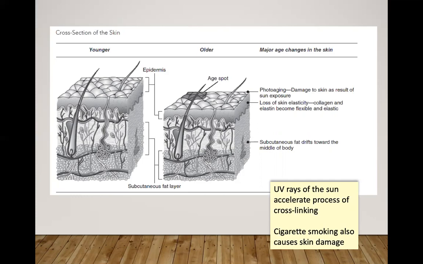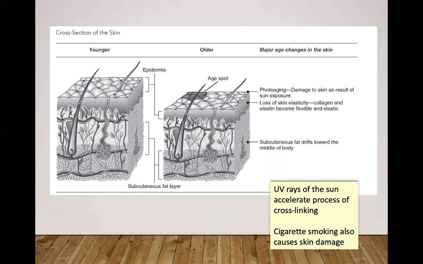But as we grow older, we might start noticing our skin appears a little more paper thin. We can see veins a little bit more. We may bruise a little bit easier. We may also not recover from scratches or scrapes as easily as we did when we were younger. And that's due to that loss of skin elasticity.